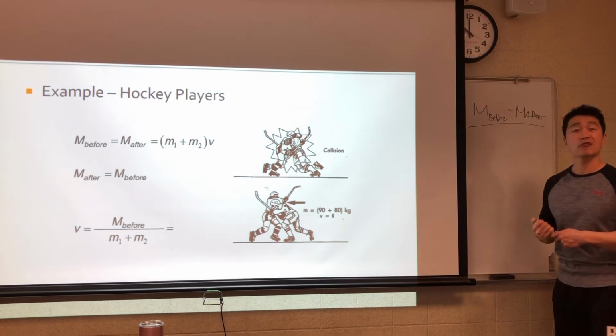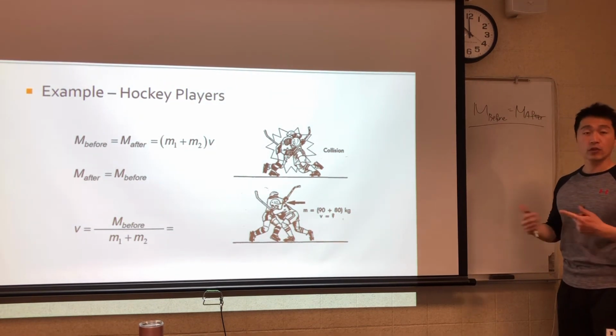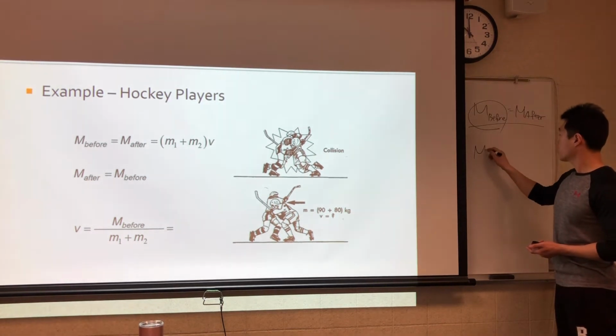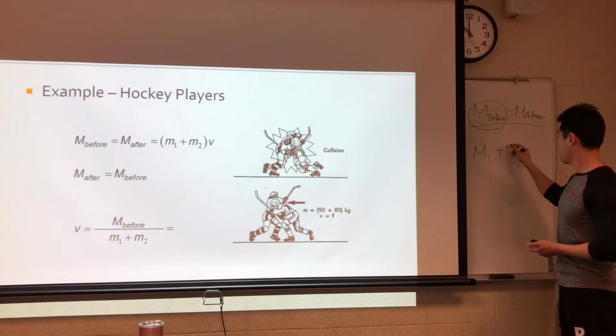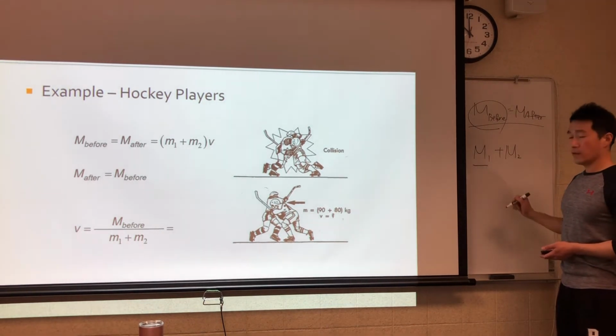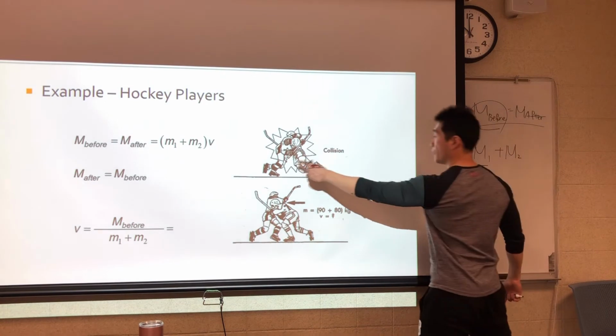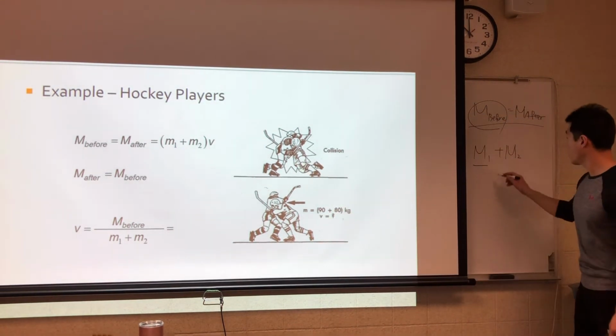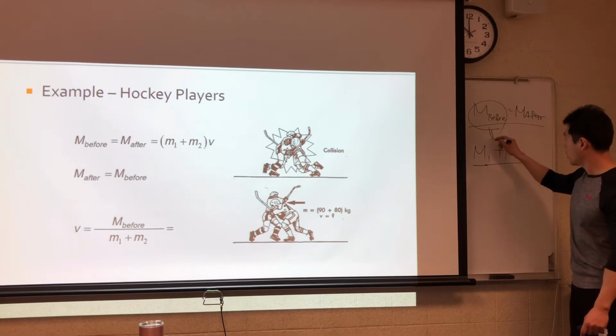So how can you calculate momentum before and after collision? Before collision, you have M1 and M2. M1 comes from the first hockey player, and M2 comes from the second hockey player. This is the linear momentum before collision.